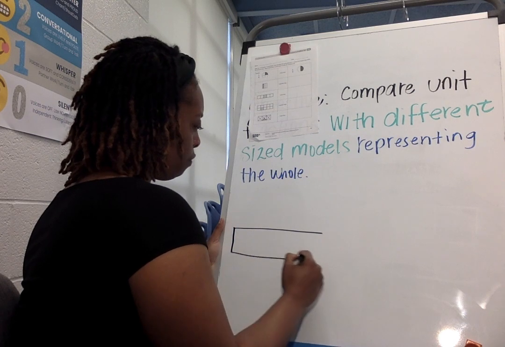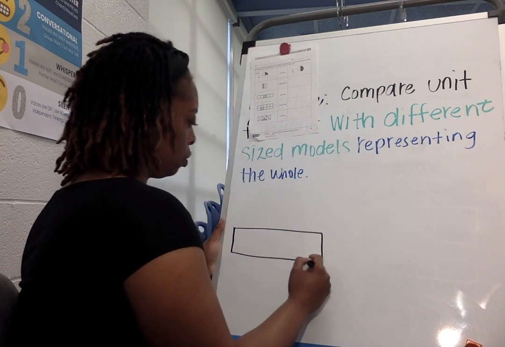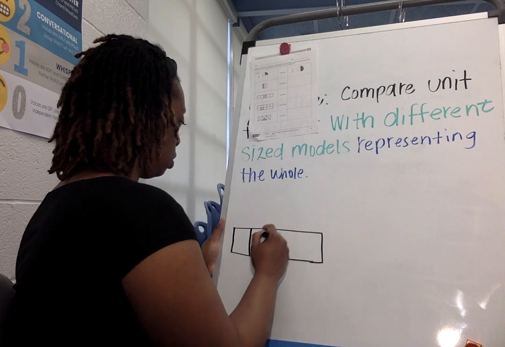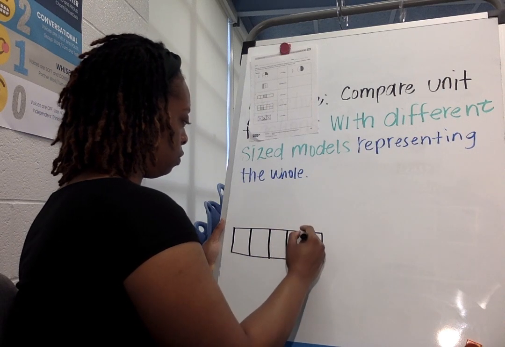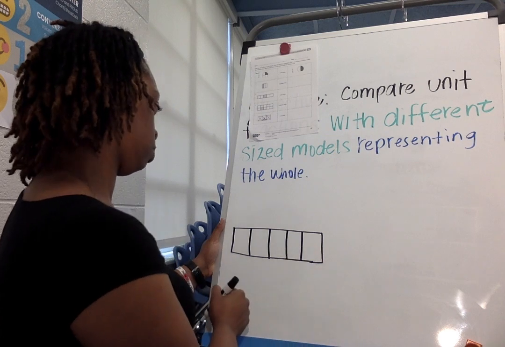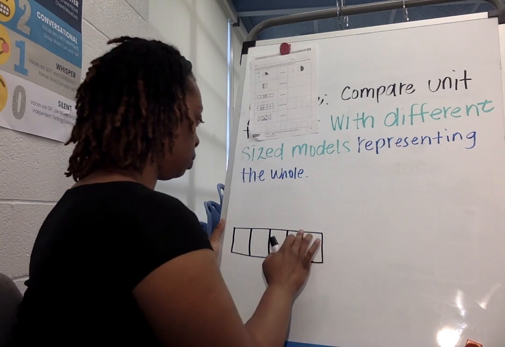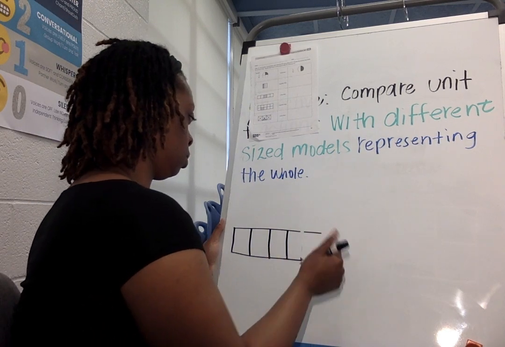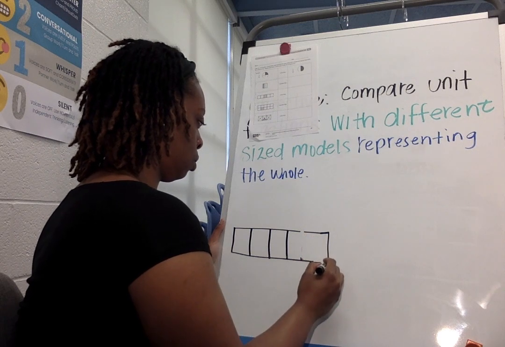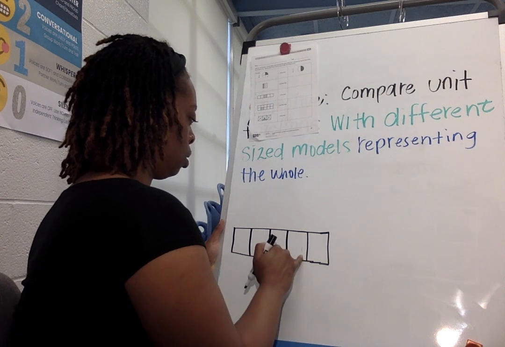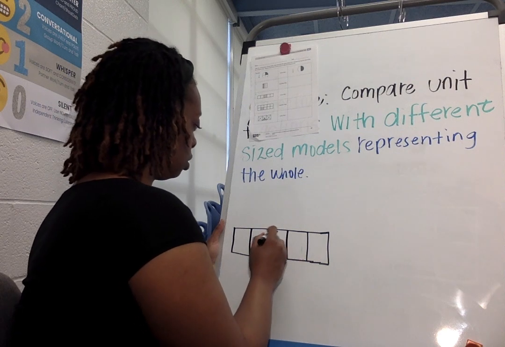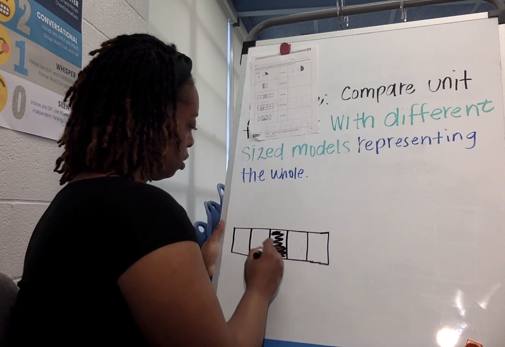So I know I need to draw 4 lines. 1, 2, 3, 4. Could be a little bit better than that. Here we go. And then it has this one in the center that's shaded in.